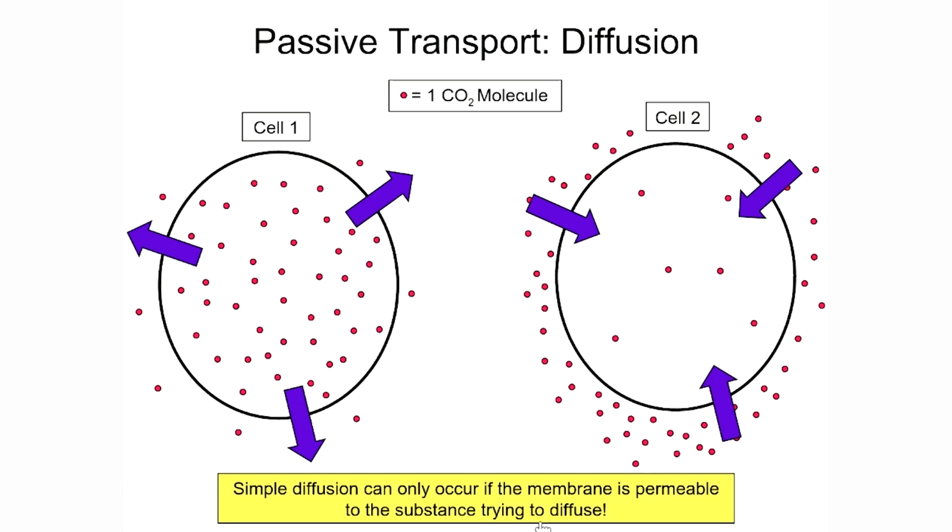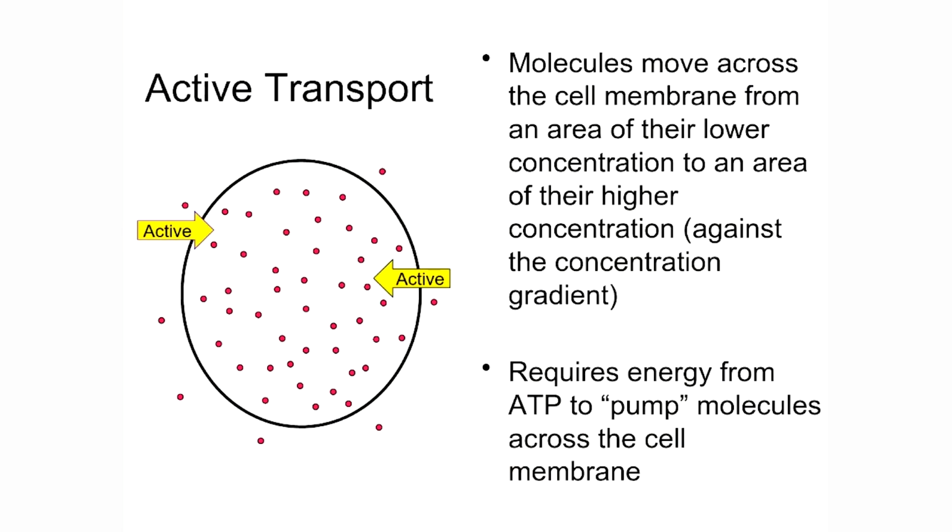So we've talked about passive transport a little bit. I want to also talk about active transport. So I'll remind you what the abstract definition of active transport is, and then we'll talk about it a little bit more. If you look at this part of my slide up here, it gives us the definition for what active transport is.